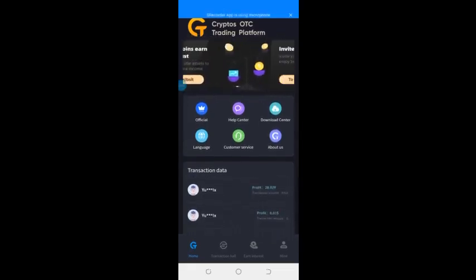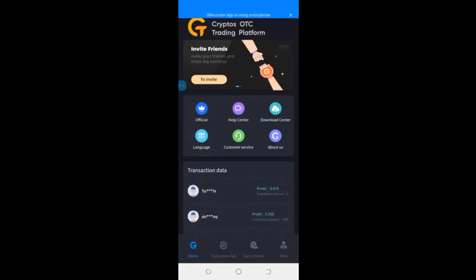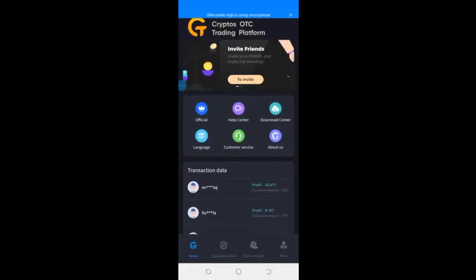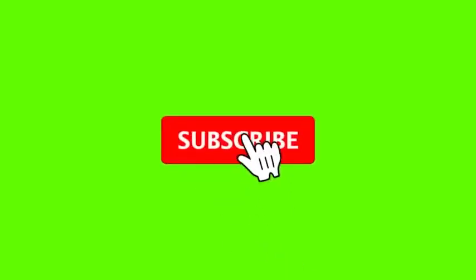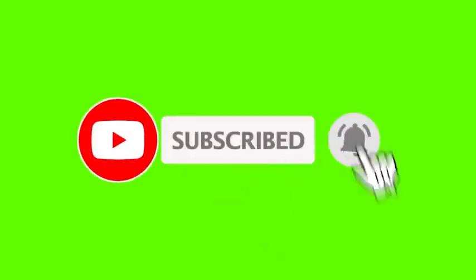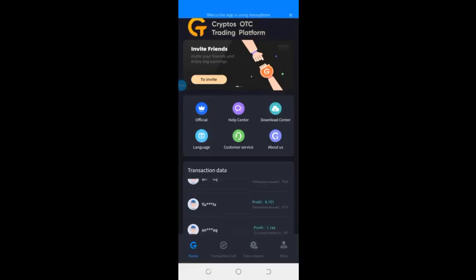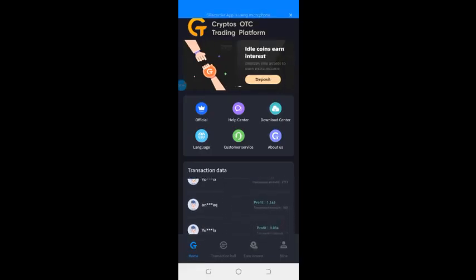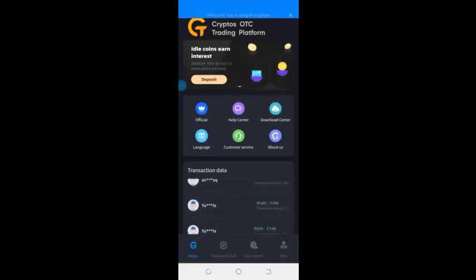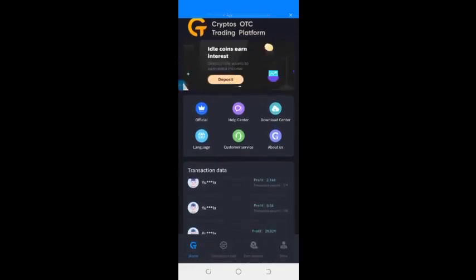You are just the one to initiate it, and it does the rest, and you get the result in 2 hours. The transaction will take a maximum of 2 hours for completion. All right, so that is how it goes.